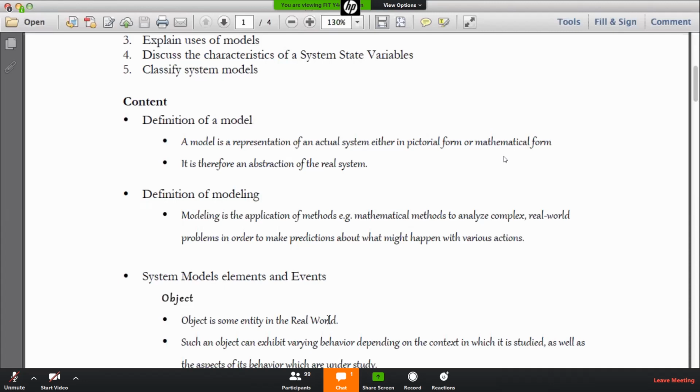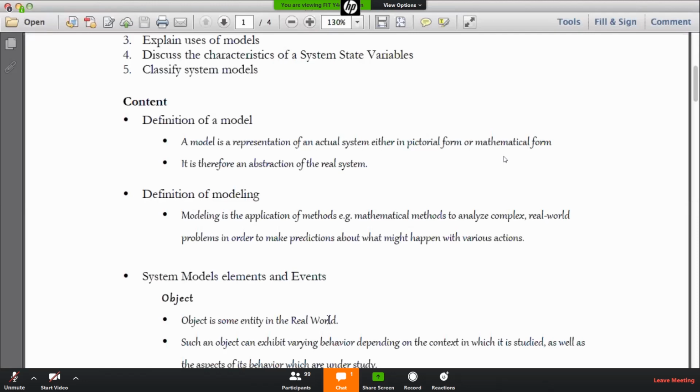We know a class could have a name, could have data members, could have functions, and such kind of things. So therefore, we want also to say, what does a model have? A model will have what we call an object. A model can have an object. Now, an object is an entity in the world.